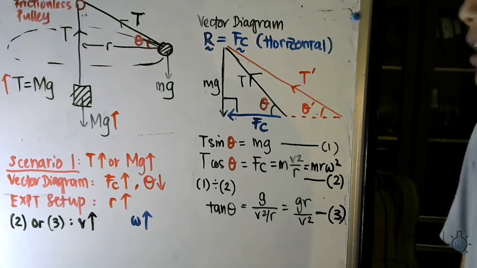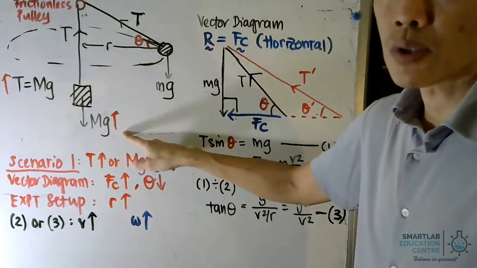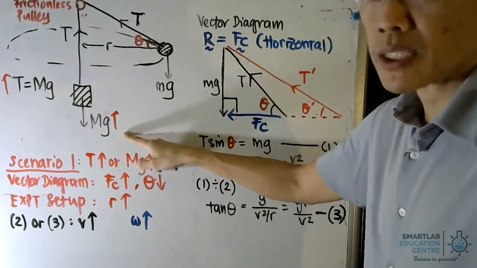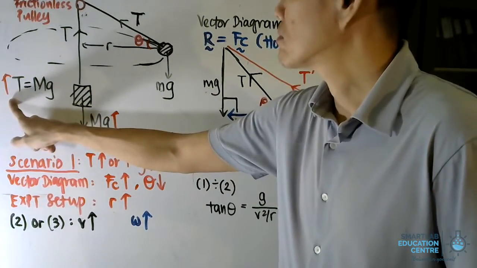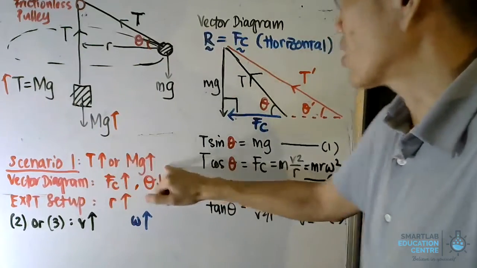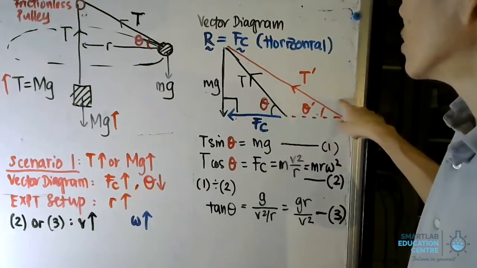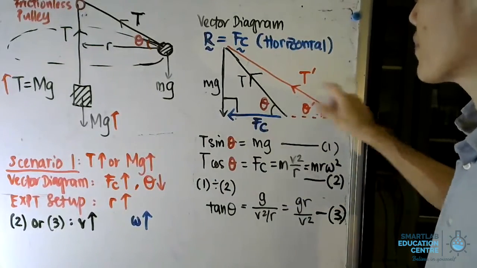Let's take a look at the first scenario. What happens if we increase the weight, capital letter Mg, and in turn, that will increase the tension that's exerted on the ball in circular motion? So when that occurs, the first thing we need to do is to take a look at the vector diagram.